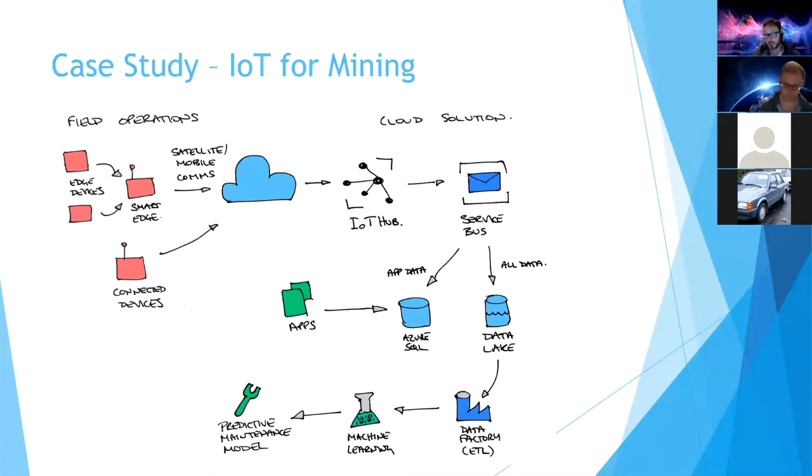So using all that telemetry data from the IoT for predictive maintenance, so that the cost and impact of maintenance could be minimized. So that's generally a data lake IoT solution, and this is just a bit of a flavor of the type of data platform that we get involved in building.